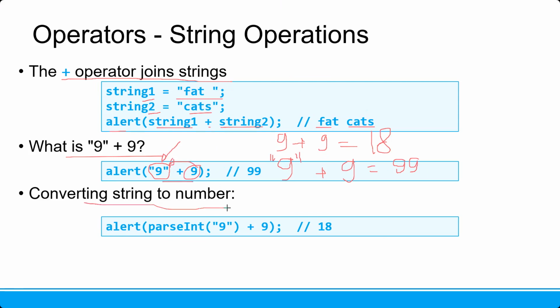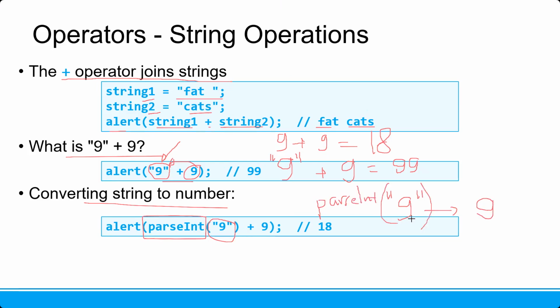We can convert the string to numbers. For example, 9 is a string. So I want to change this into an integer. In order to change to an integer, I need to use parseInt.